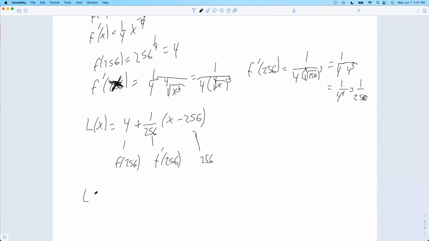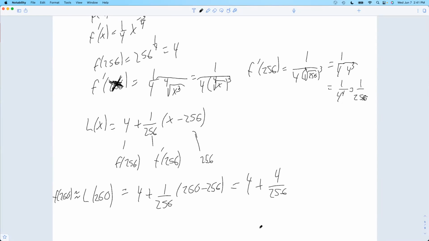That means the y value on the tangent line when x equals 260, which will be approximately equal to the fourth root of 260, will be 4 plus 1 over 256 times 260 minus 256. That's 4 plus, again, so many 4s in this problem, that difference is 4.